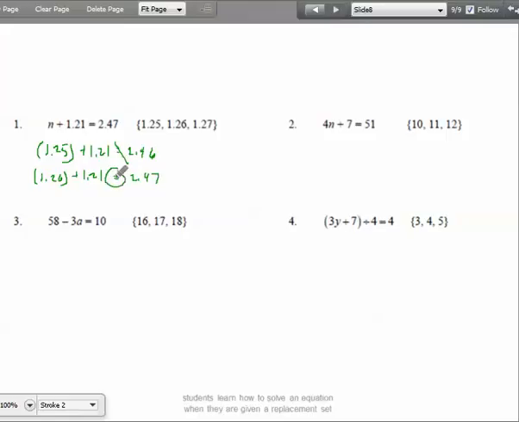Hey, that one worked. That's equal to 2.47. If I stick 1.27 plus 1.21, I get 2.48. Is that equal to 2.47? Nope. So my solution set in this situation is 1.26.